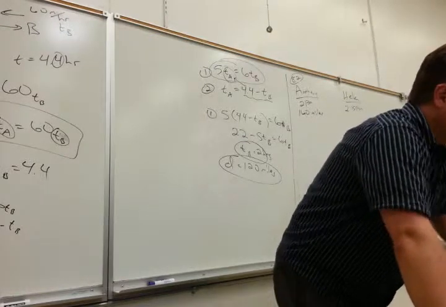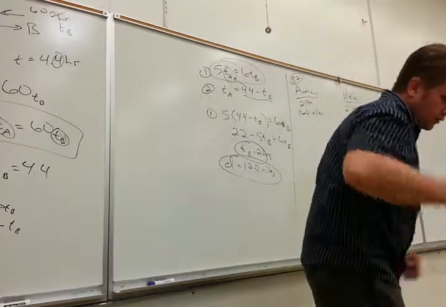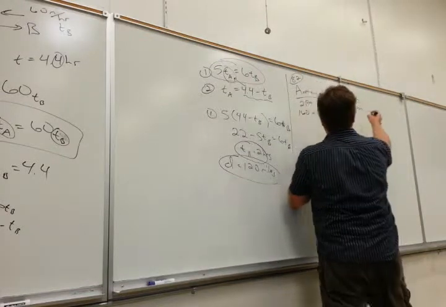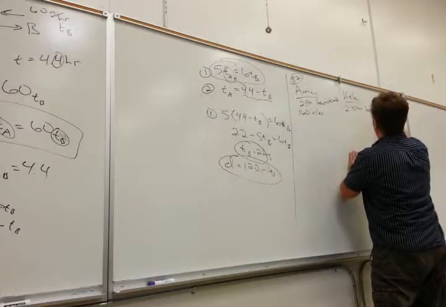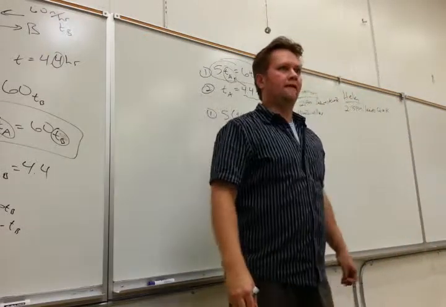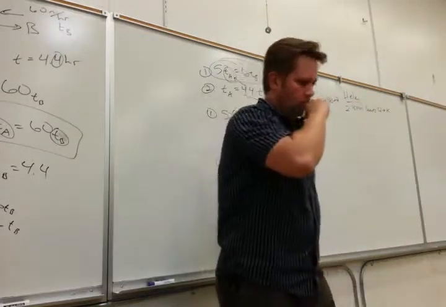Helen leaves Queensville and drives to Kingstown at 40 miles an hour. So Anthony left Kingstown to go to Queensville. Helen leaves Queensville to go to Kingstown at 2:15, 15 minutes later.